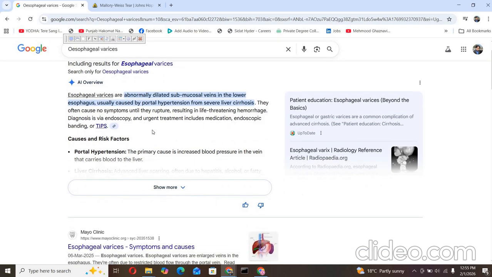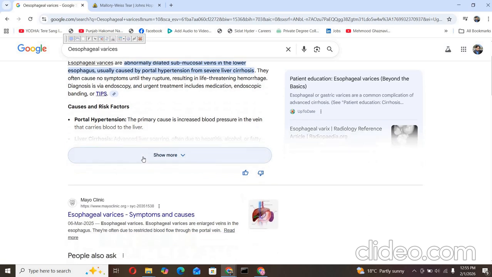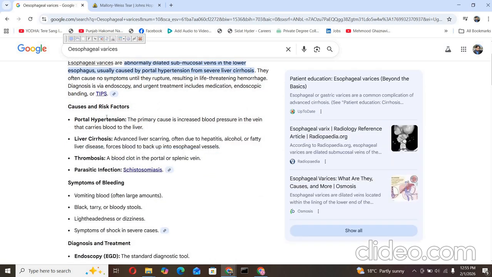Symptoms of bleeding include blood, tarry bloody stools, lightheadedness or dizziness. Symptoms of shock appear in severe cases.